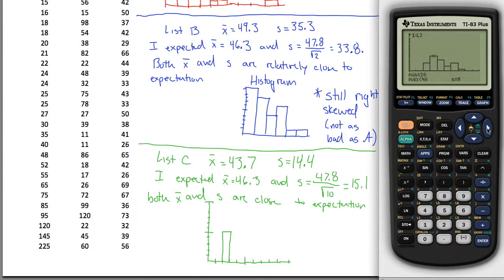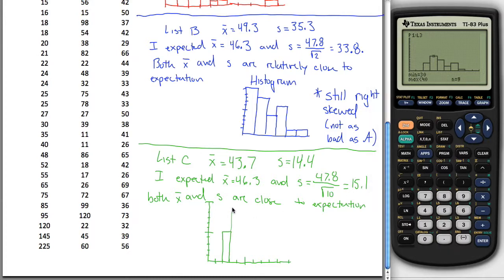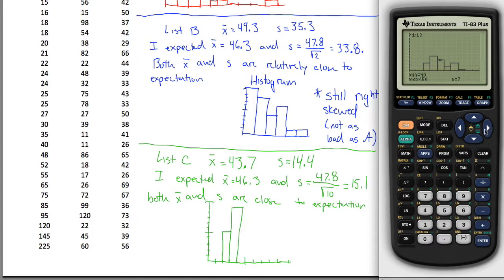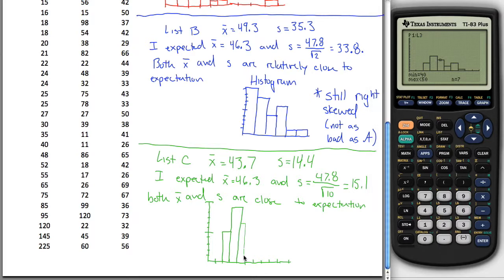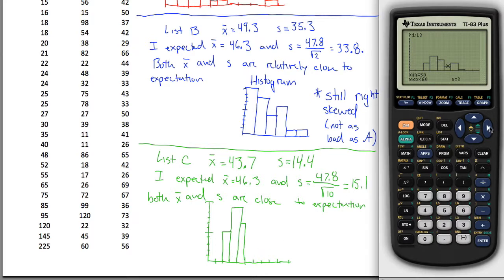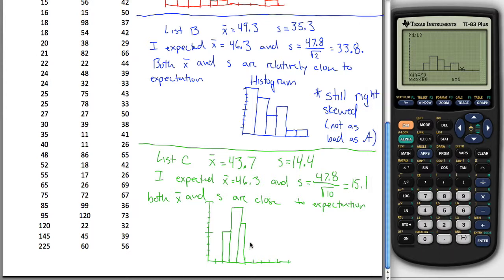And then from 30 to 40, I had 9 people. And 40 to 50, I had 7 people. Then I went 3, 5, 1. You can probably remember those. And then that's it. Then nothing above that.